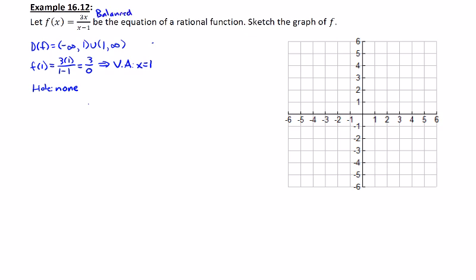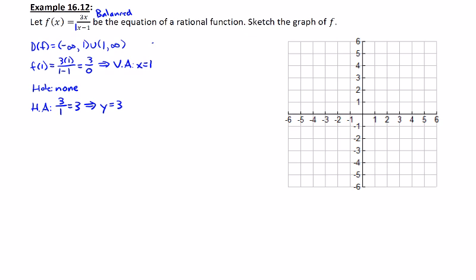When it is balanced, I am expected to look at the leading coefficient from the top over the leading coefficient from the bottom. That's going to be just 1, so 3 and 1, and that's going to reduce to just 3. So my horizontal asymptote is the equation y equals 3. So if there's a horizontal asymptote, there cannot be a slant asymptote. So we're done with step number 3.